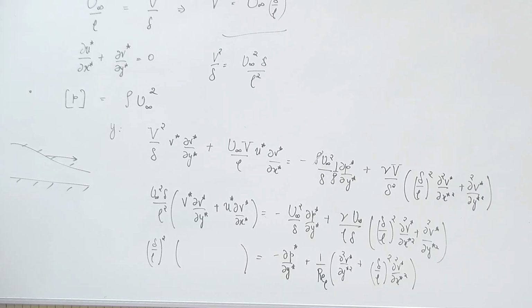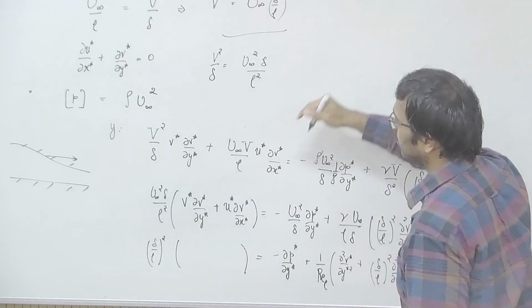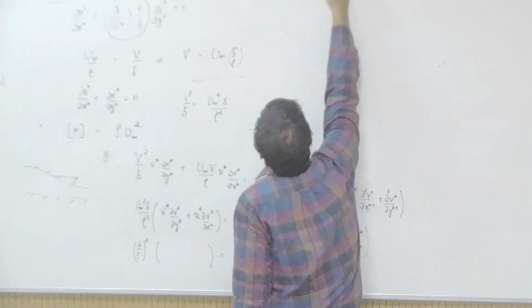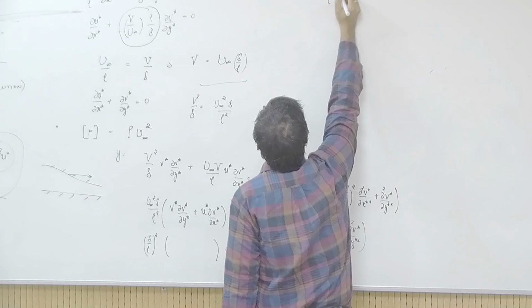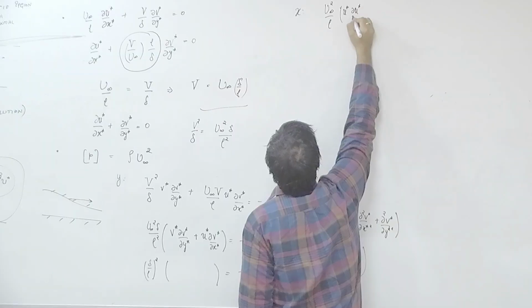Okay. Before making any assumptions, let's look at the x momentum equation as well. So let us non-dimensionalize the same way. Let us look at the x momentum equation and we'll get U infinity squared over L, u star del u star over del x star.